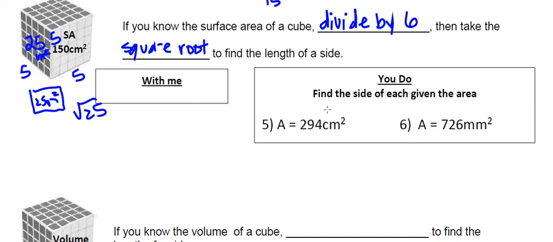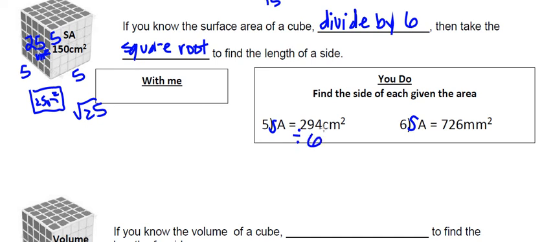So let's continue here. It's not just the area, it's the surface area. Right now, I know that 294 centimeters squared is the combined area of 6 squares. So I want to split it up so that I am only looking at one of those 6 squares.